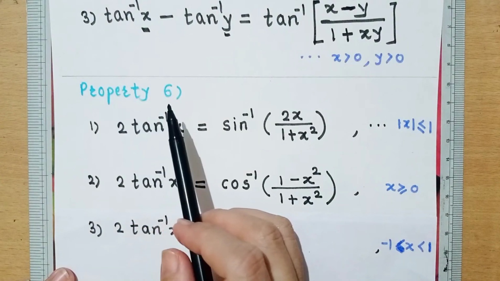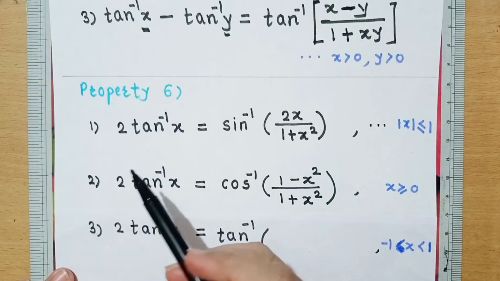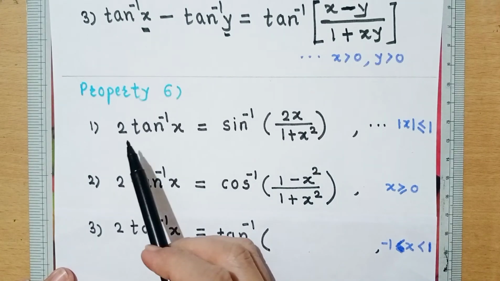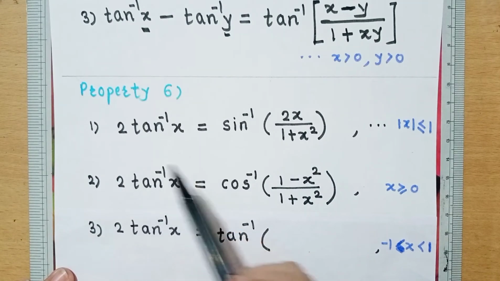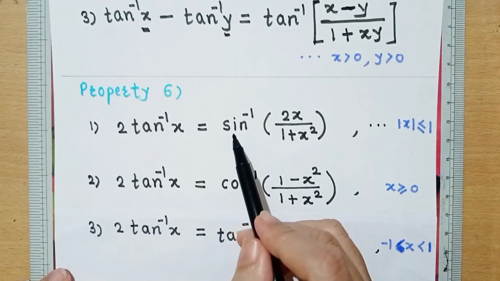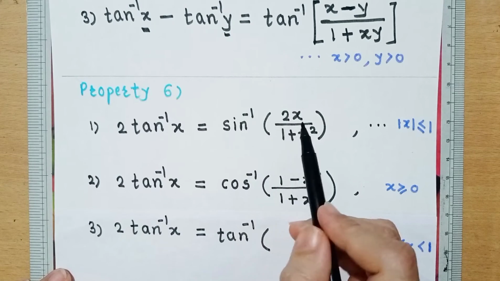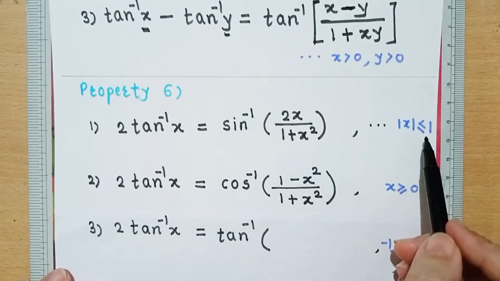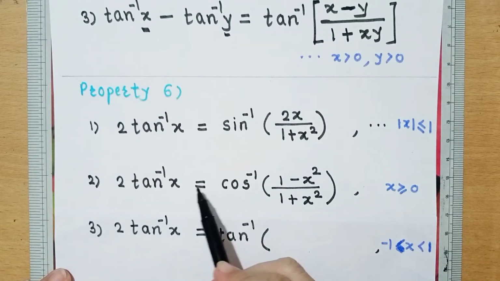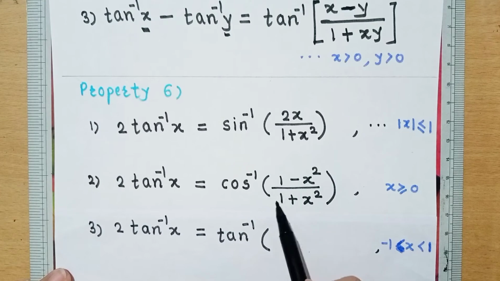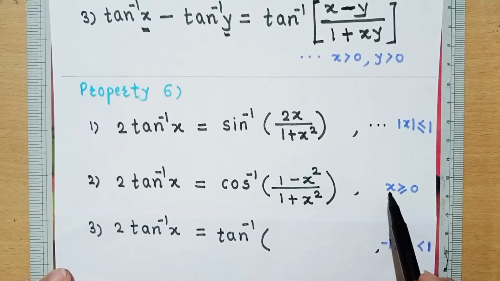Let's check property 6, which is last one, and you can observe LHS for this 3 is same. That means 2 tan inverse of x. But here, in the first formula, right hand side is sin inverse of 2x upon 1 plus x square, where mod of x less than or equal to 1. Here for second, cos inverse of 1 minus x square upon 1 plus x square, where x greater than or equal to 0.